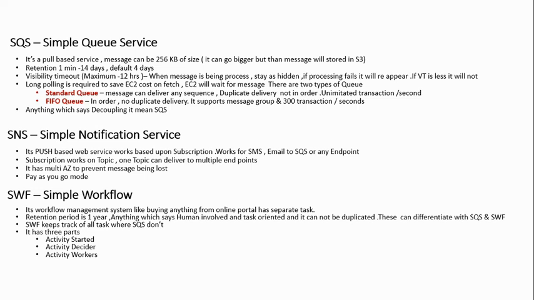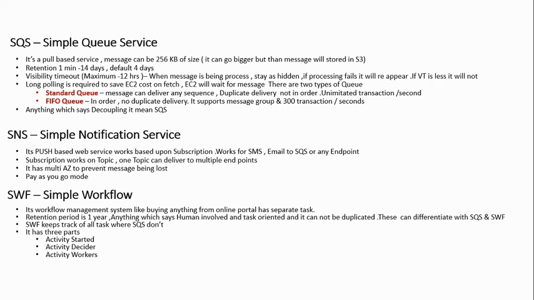When your message is picked up by an EC2 instance and processing is not complete, your message in the queue is in a hidden state. It will not be visible to any other EC2 instance, and it will wait until the visibility timeout defined for that queue. If the visibility timeout expires and the message is still not processed and gets deleted, you would lose that message.